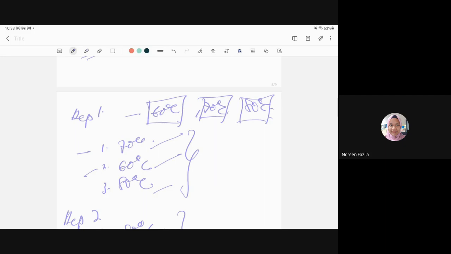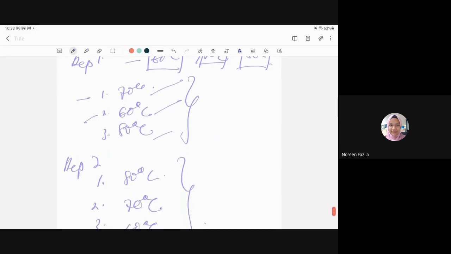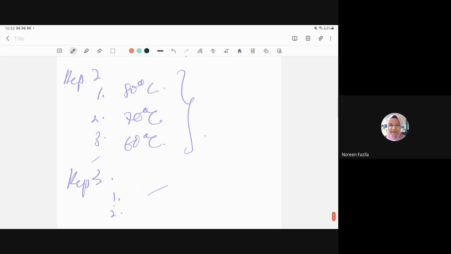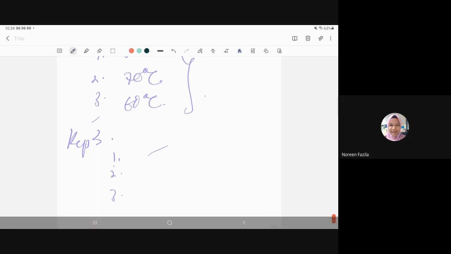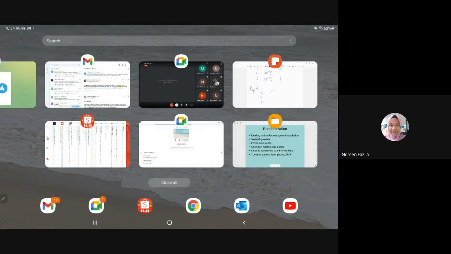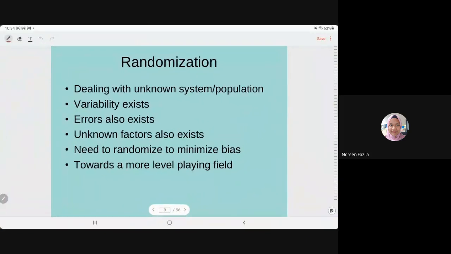That's why we have to do randomization as a safeguard to minimize the bias. So when you go into the lab, you have to randomize the sequence of doing experiments, so that there will be no bias. That is randomization.